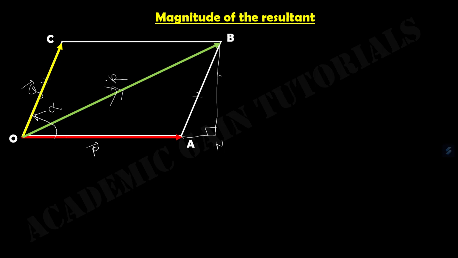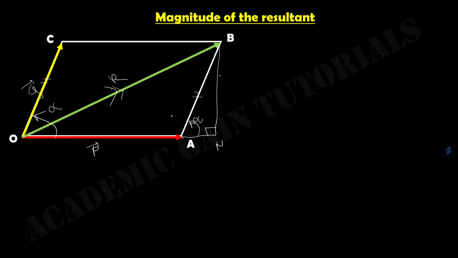Since AB is parallel to OC and ON is the intersecting line, by the help of this parallel law, we can find that this angle is also alpha.